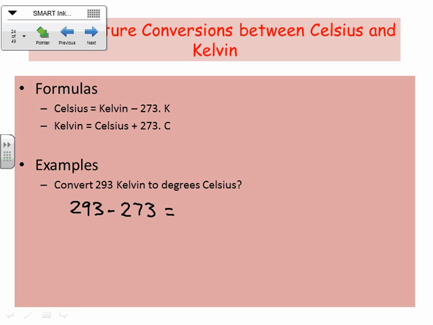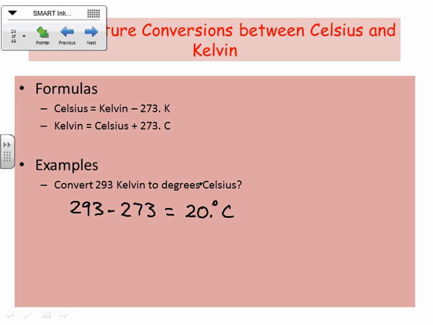We should be able to do this in our head. It's just Kelvin. I know that's kind of weird. Everything else has a little degrees sign, degrees Celsius, degrees Fahrenheit. It's just Kelvin, okay? I'm not going to count off if you put degrees Kelvin. It's not a big deal. So you would end up with 20 degrees Celsius, right? Now, why did I put the point there?